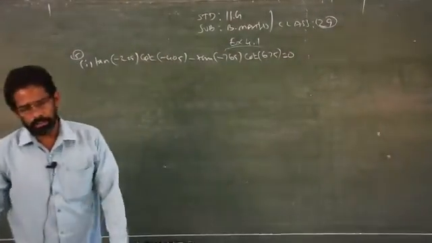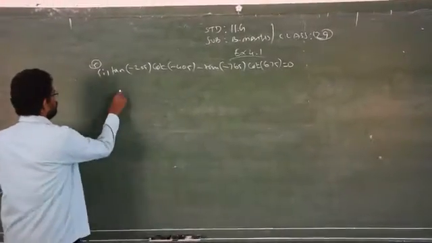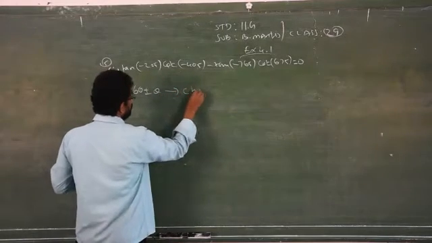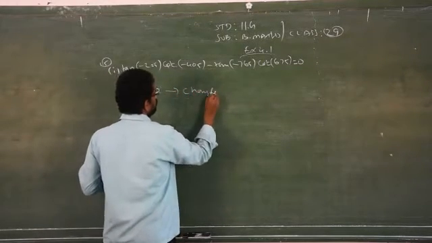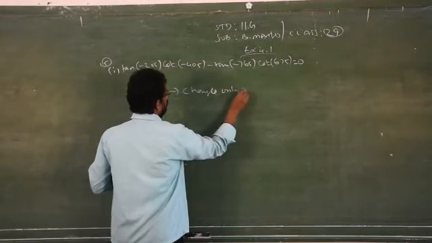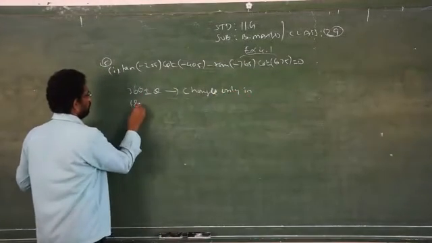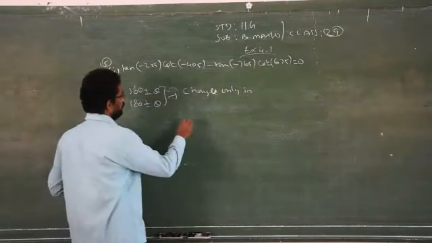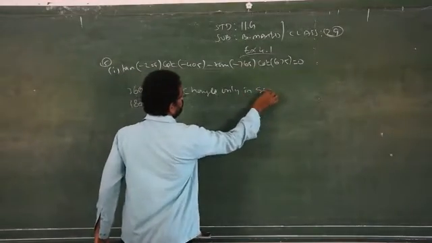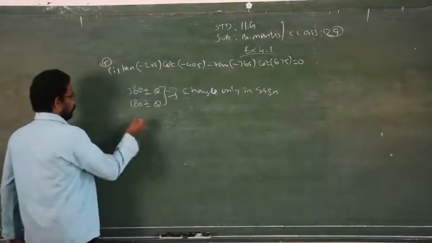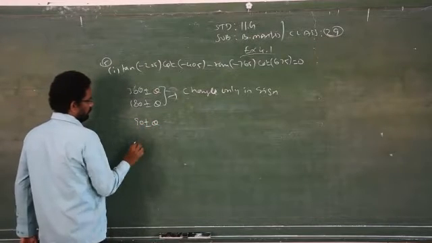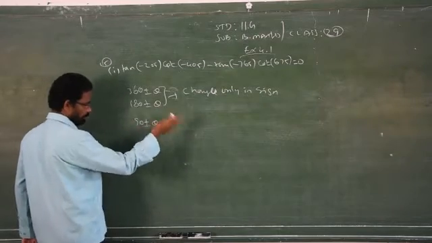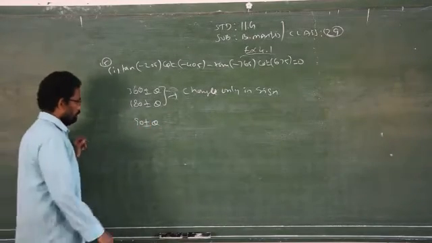So, just you have to remember, if there is 360 plus or minus theta, or 180 plus or minus theta, for both of these cases it changes only in sign, whereas for 90 plus or minus theta, it is 90 plus theta, 90 minus theta, the first quadrant will always be positive.